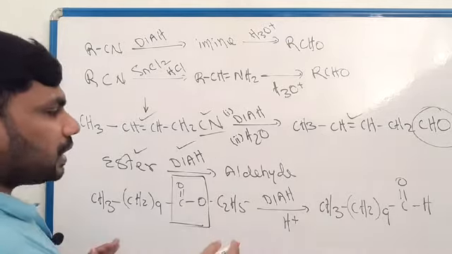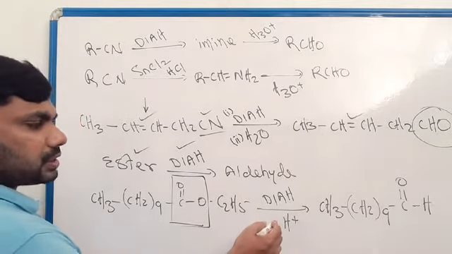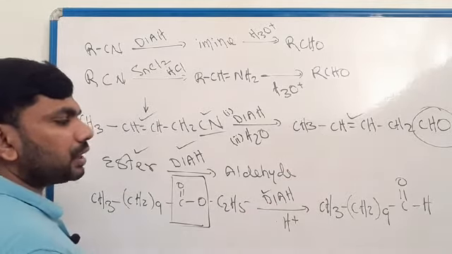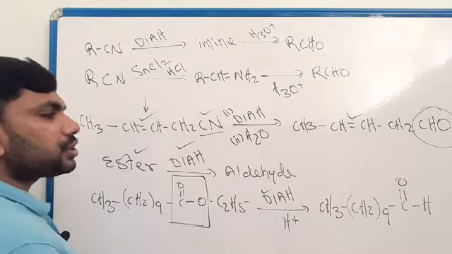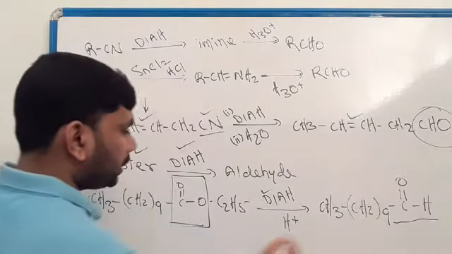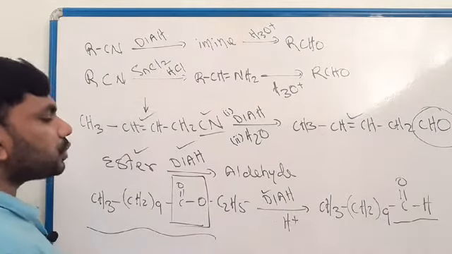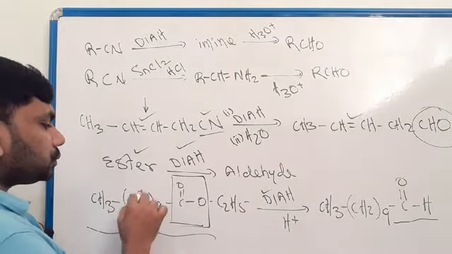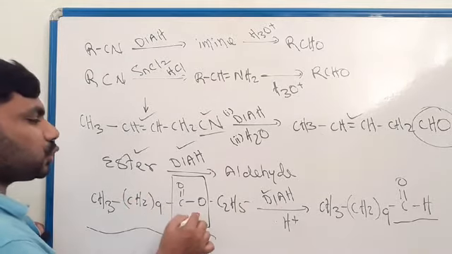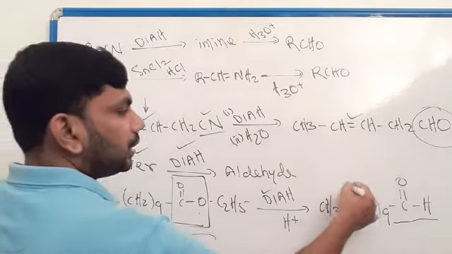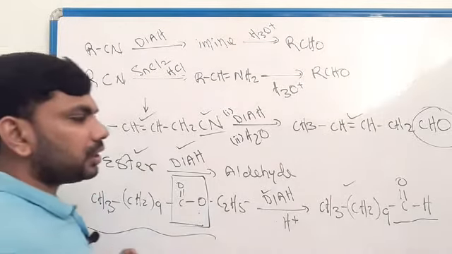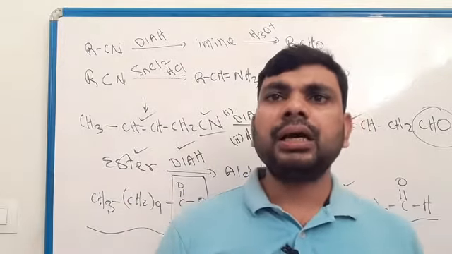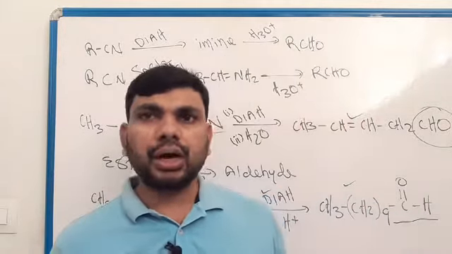After hydrolysis in the presence of diisobutyl aluminum hydride, this part will change to aldehyde, CH3 CH2 9 times CHO. So this is aldehyde. You understand that diisobutyl aluminum hydride helps to convert nitriles and ester to aldehyde.